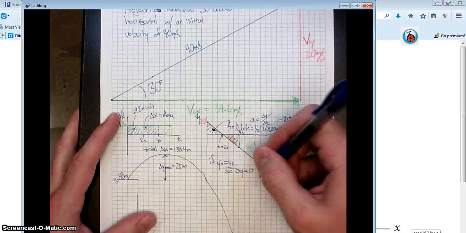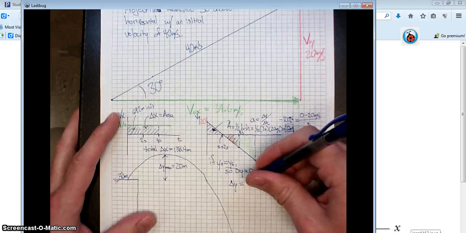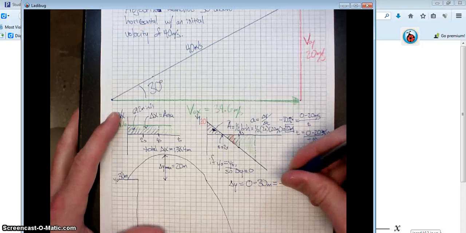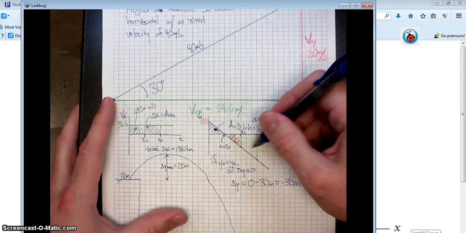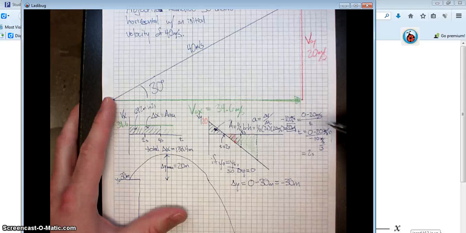So if delta Y, final minus original, is negative 30 meters, then what does that mean here? Does that mean that this area is negative 30 meters? No, because the total area has to add up to that.